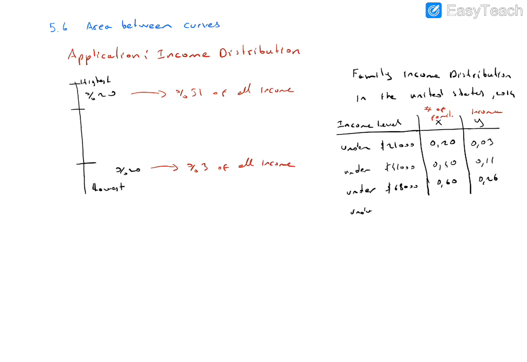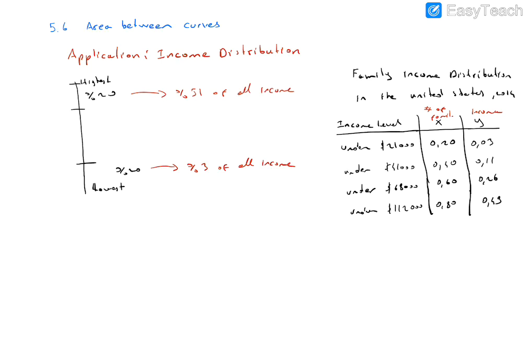If the income is under $112,000, the people is 0.80, so 80%. The total income they received is 0.49 of the total income.